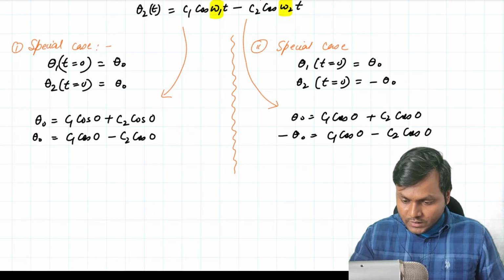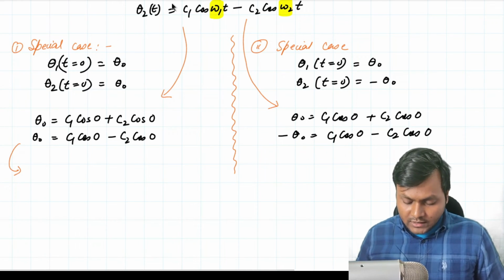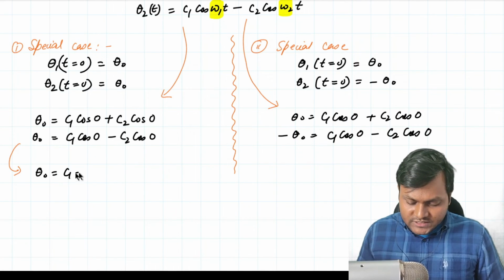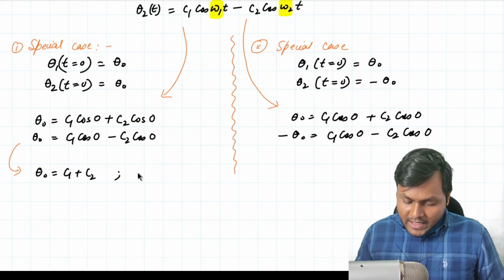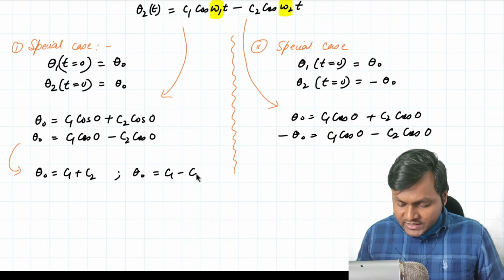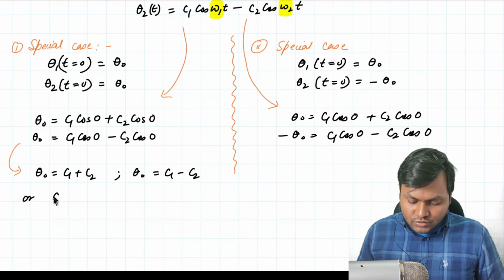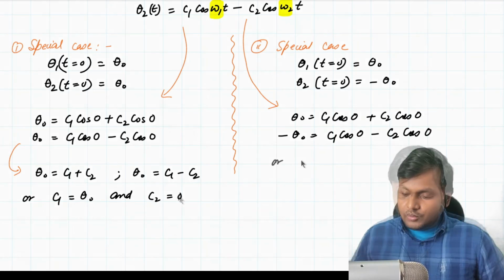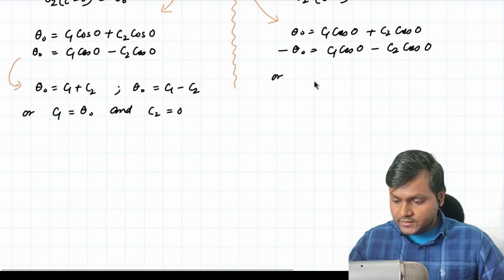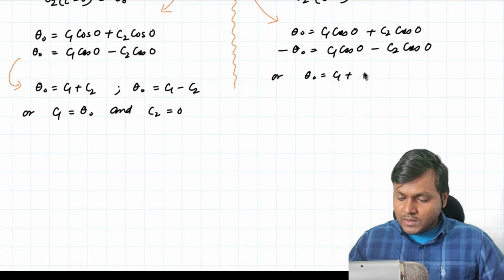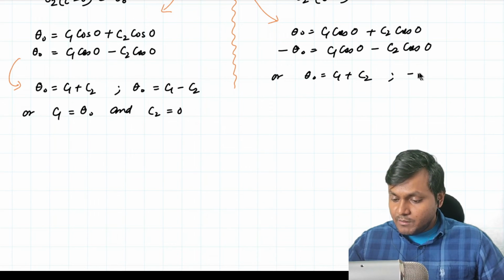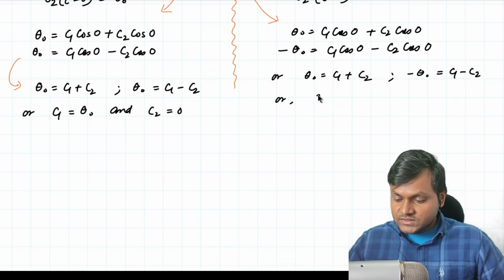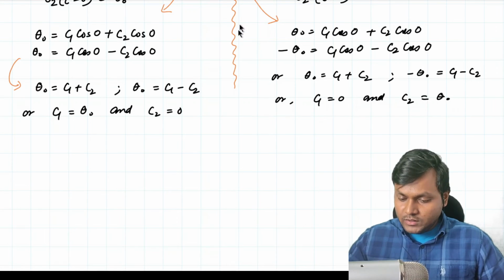If you solve both of these, you will find that theta naught is equal to C1 plus C2 and theta naught is equal to C1 minus C2 simply leads to C1 is equal to theta naught and C2 is equal to 0. While on the other hand, here theta naught is equal to C1 plus C2 and minus theta naught is equal to C1 minus C2 simply leads to C1 is equal to 0 and C2 is equal to theta naught.